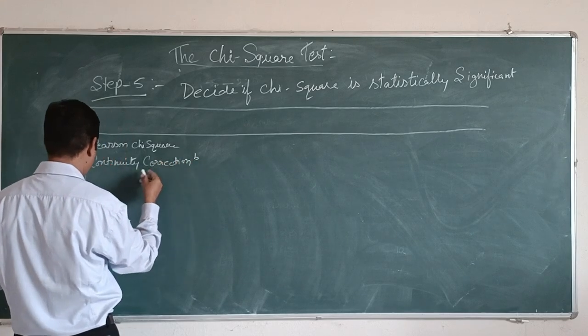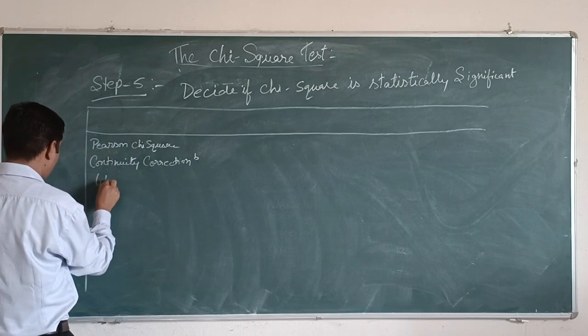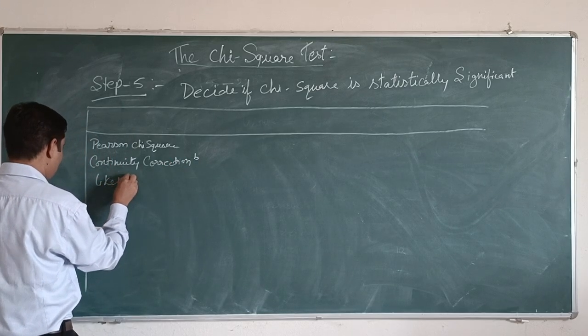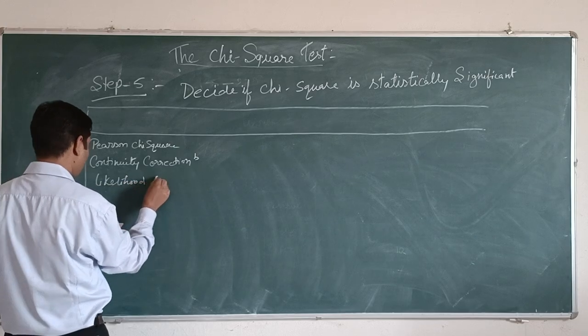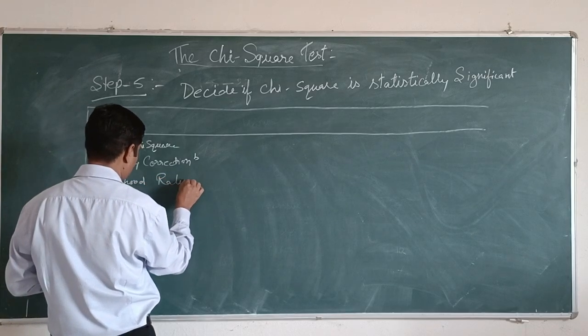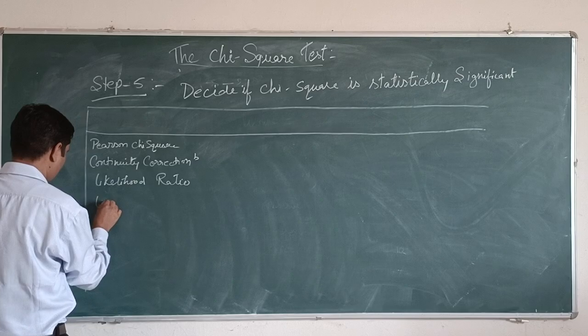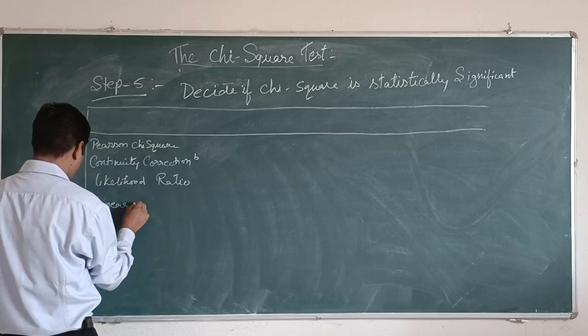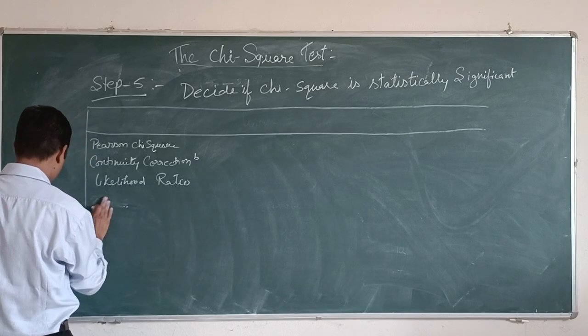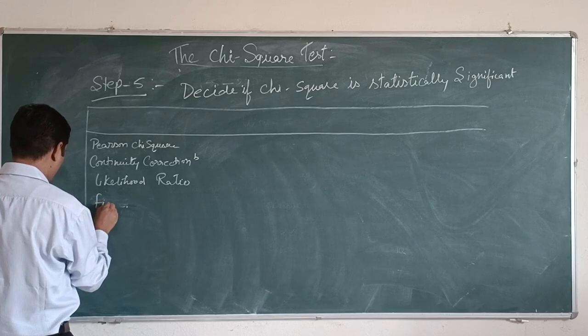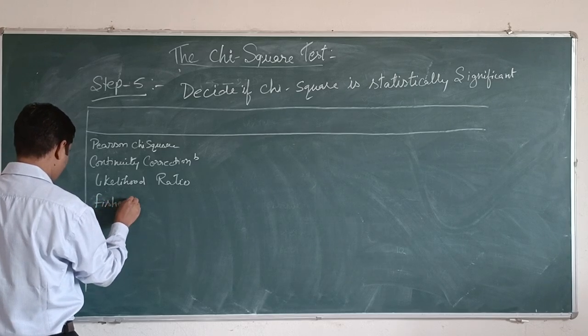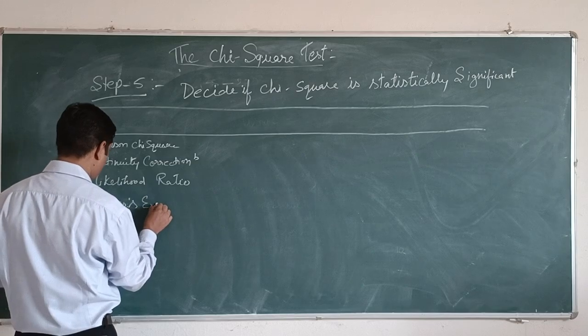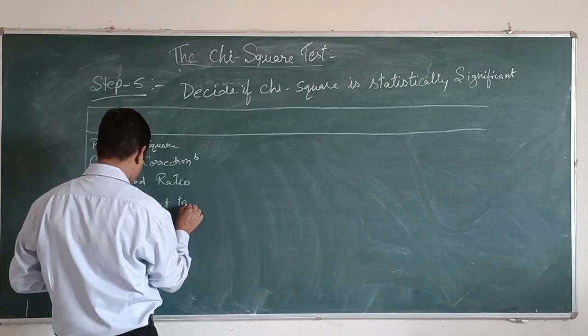You can say it P. Third one is likelihood ratio. Fourth one is Fisher's exact test.